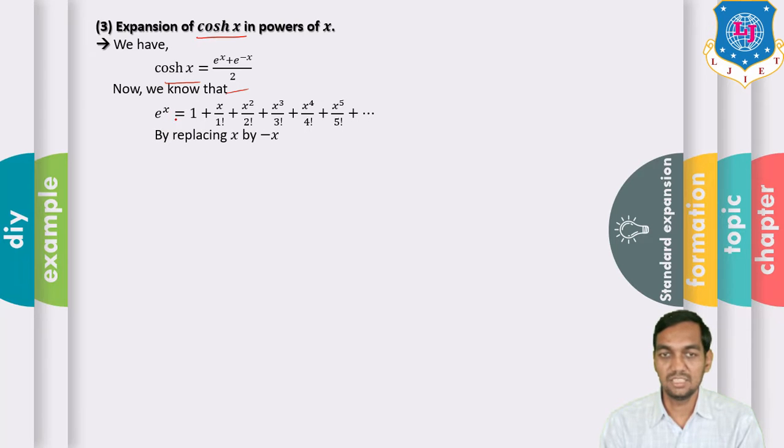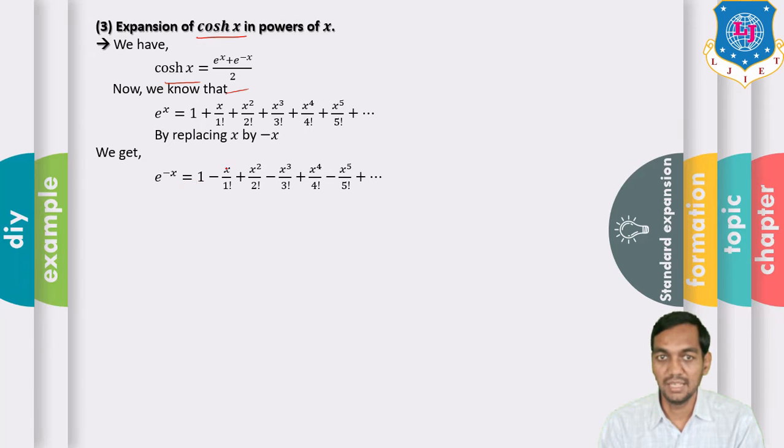So replacing x by minus x in this series, that will give e raised to minus x is 1 minus x by 1 factorial plus x square by 2 factorial minus x cube by 3 factorial plus x raised to 4 by 4 factorial minus x raised to 5 by 5 factorial plus dot dot dot.